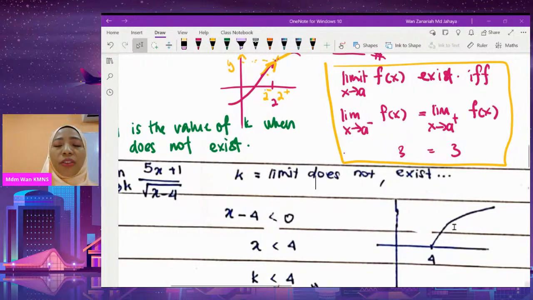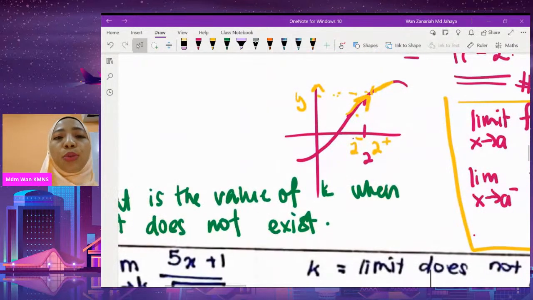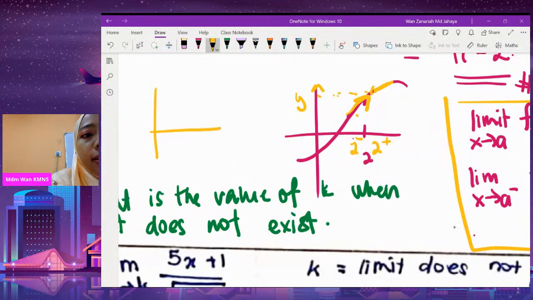Alright, I repeat, the limit exists if and only if x approaching a from the left hand side equals x approaching a from the right hand side. Okay, I ask you, what if the graph is like this? For example, this is a square root graph, square root of x minus 3, at x equals 3.